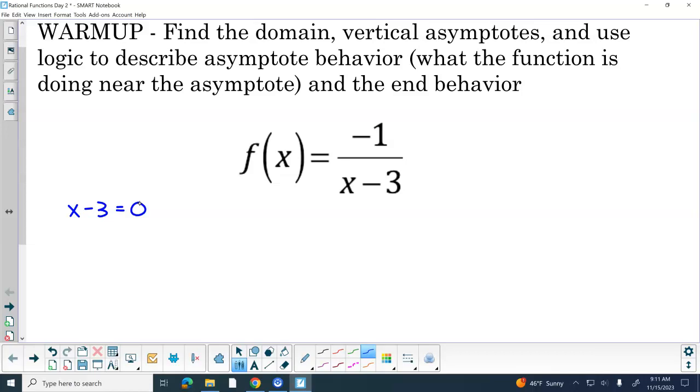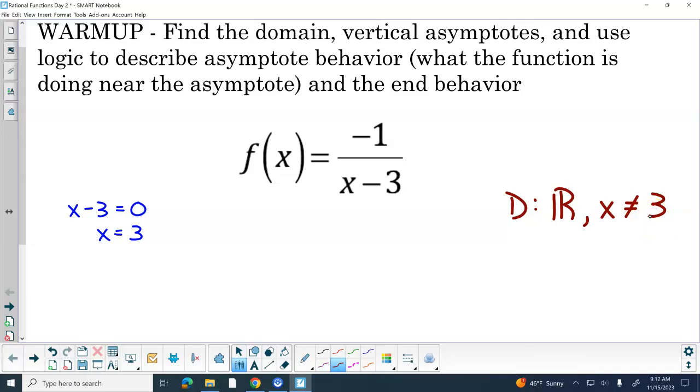So that's going to give me x equals 3. So what would then my domain be? So all real numbers except x cannot equal 3.